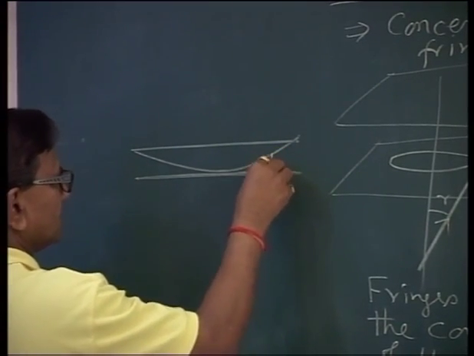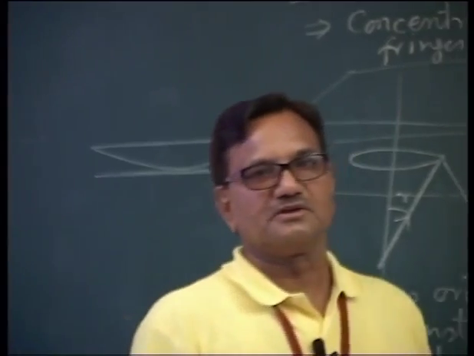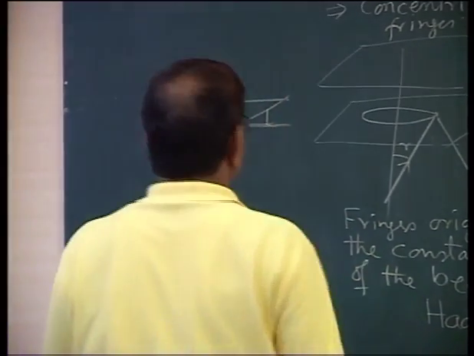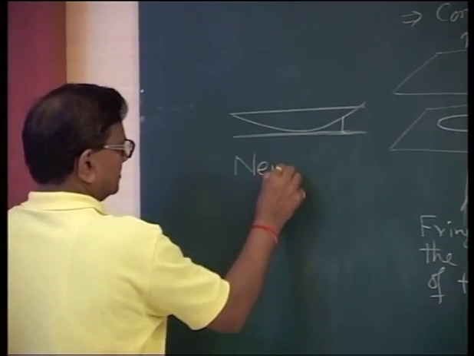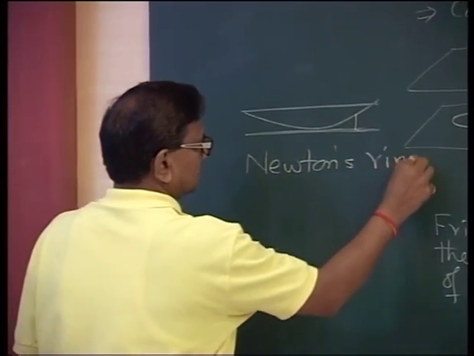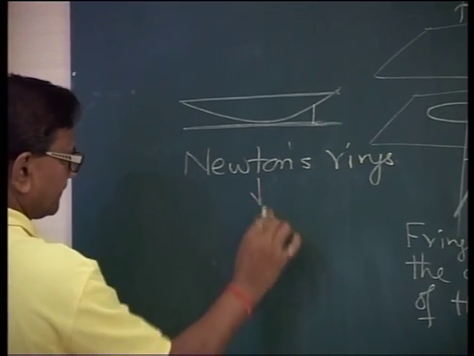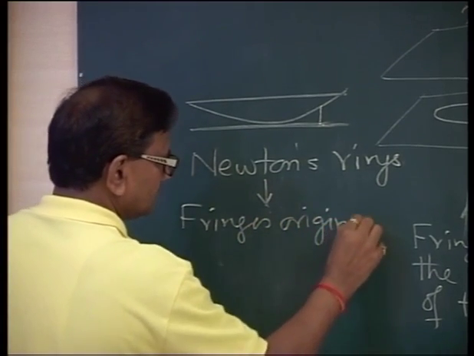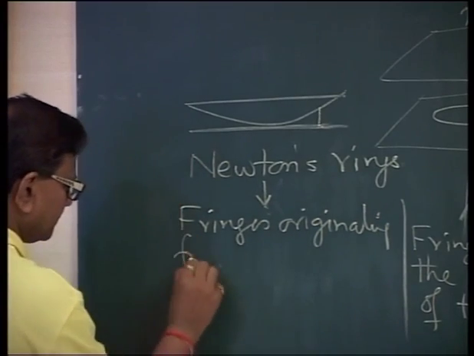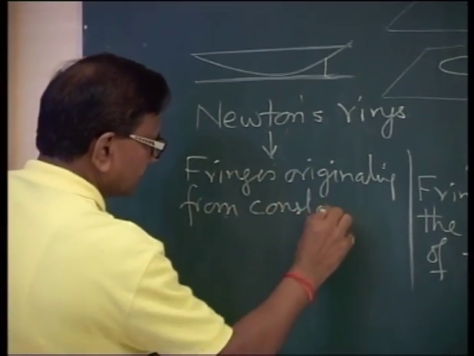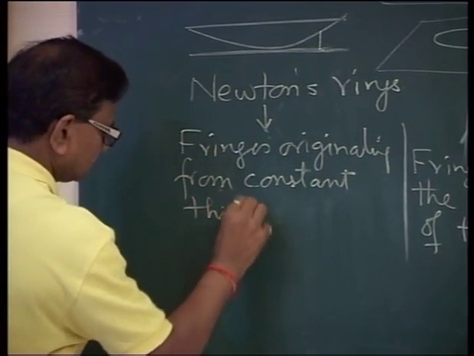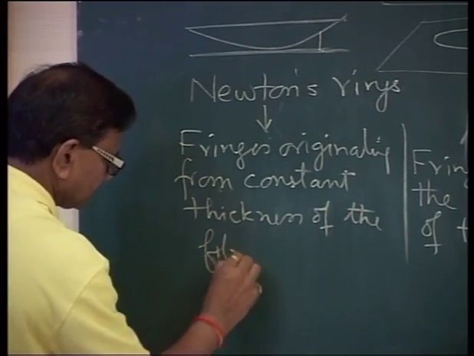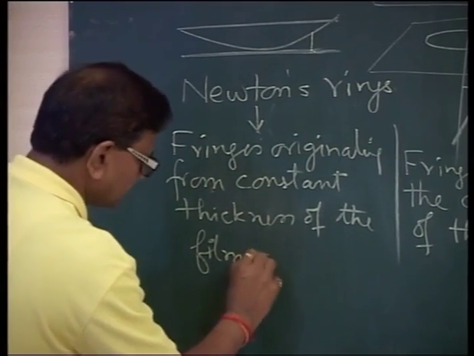See that Newton's rings fringes originate from the locus of constant thickness of the film, and therefore they are the fringes originating from constant thickness of the film. These are known as Fizeau fringes.